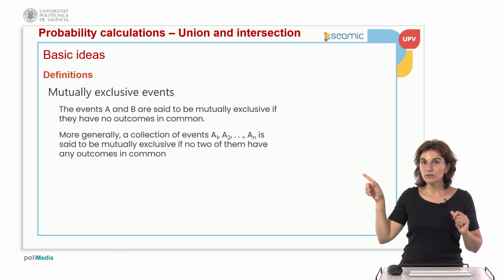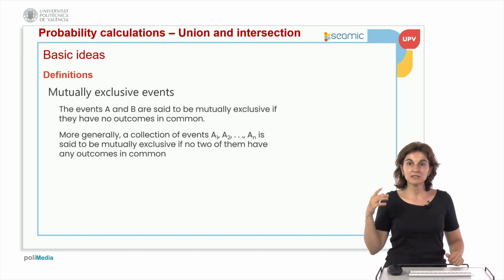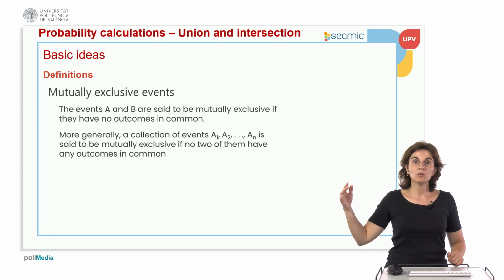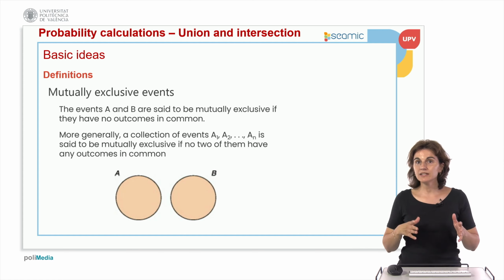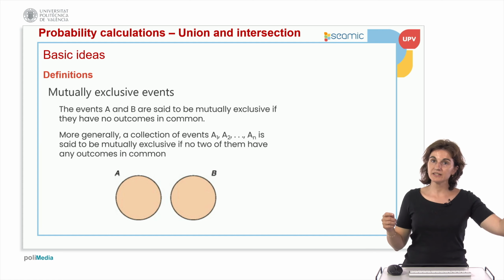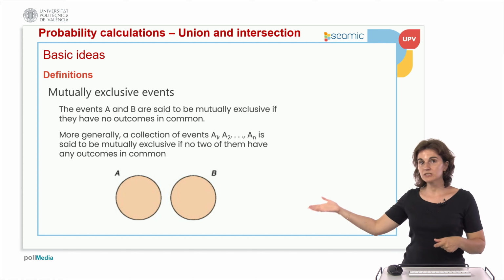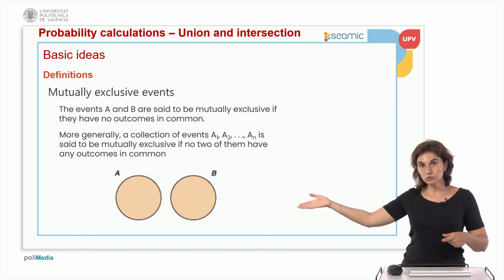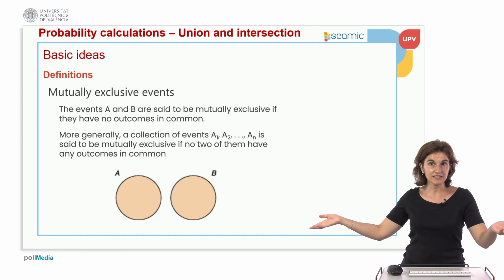So here we are defining the idea of mutually exclusive events as partitions of the sample space where the intersection between them cannot happen. So you cannot have at the same time an age that's classified as less than 18 and also more than 24. Here you see the representation of two events, A and B, and you may see that the intersection doesn't exist.